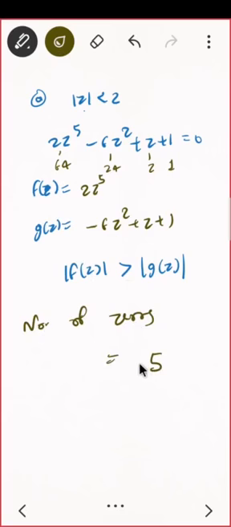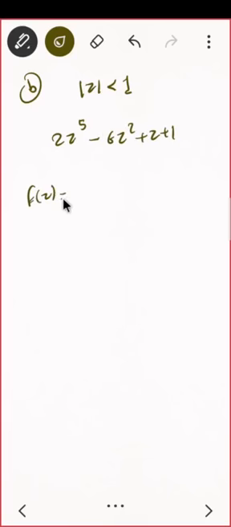Is that okay? The next thing I have to do is in the domain mod z less than 1, or less than or equal to 1. So what is the function? 2z raised to 5 minus 6z square plus z plus 1. Can you tell me what I should choose as f of z and g of z? Again, put z equal to 1: this gives 2, this gives 6, this gives 1, and this gives 1. Do you see?